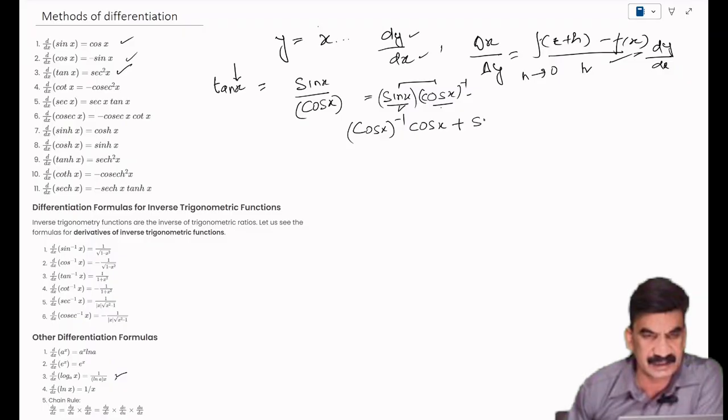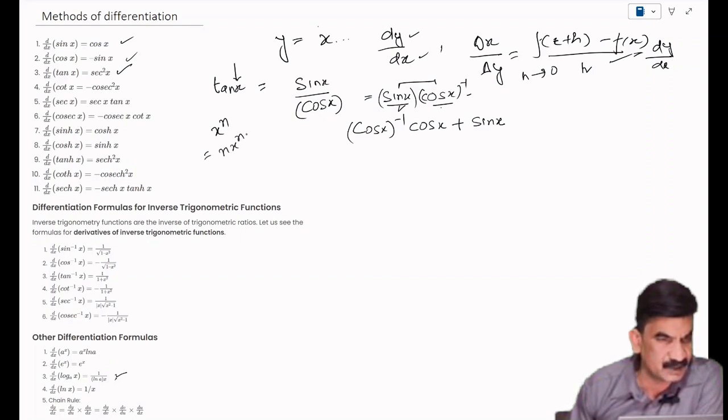Now this is sin x, and any function of the form x to the n has differentiation n x to the n minus 1, right? Just remember this. So when I differentiate this, what I get is minus 1 cos x to the minus 1 minus 1, which is minus 2.